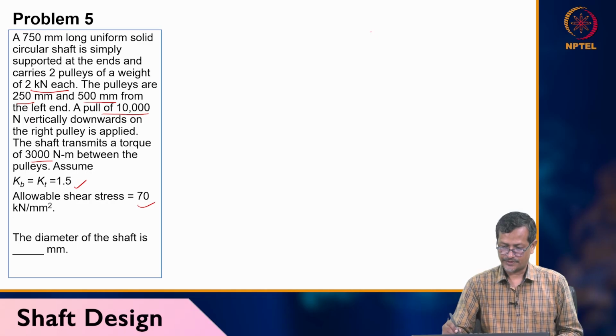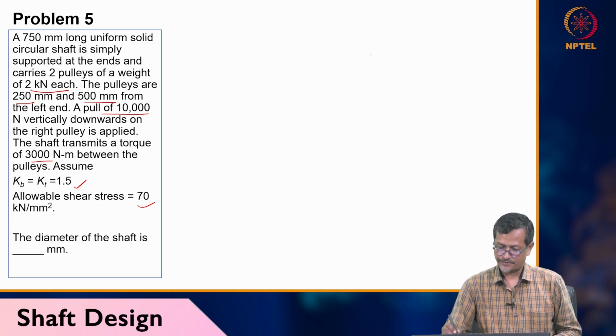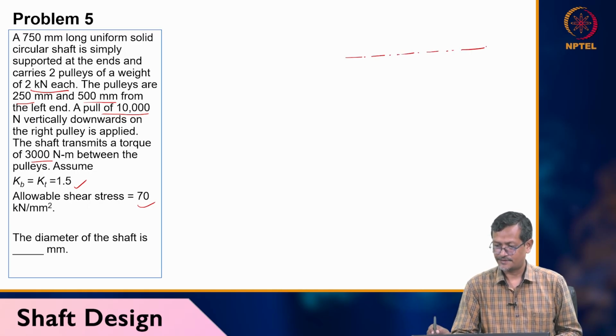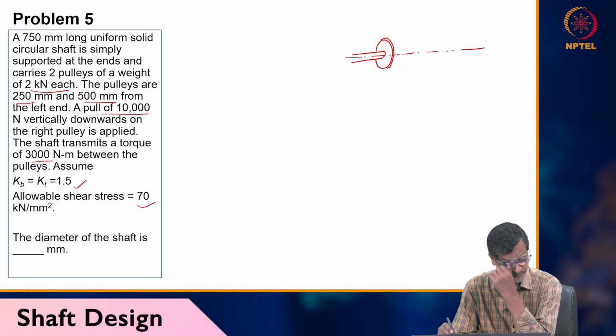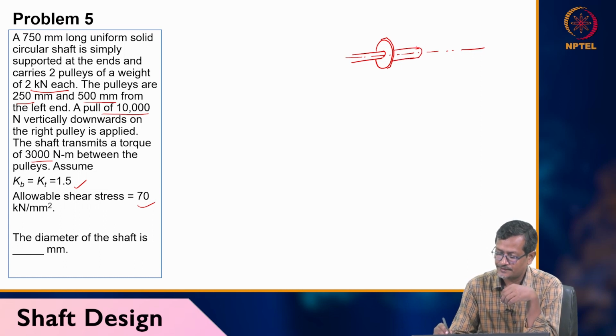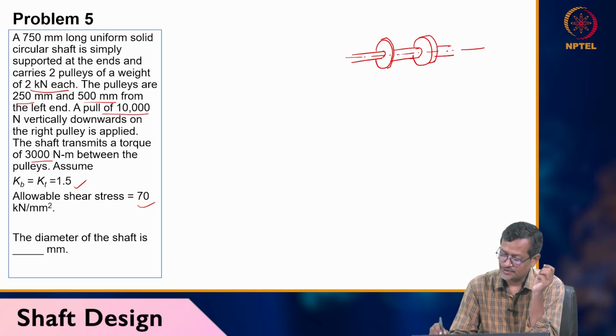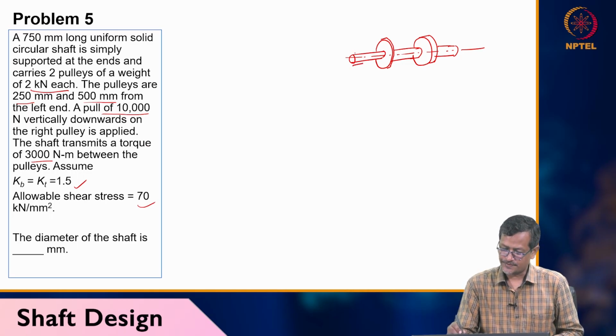So first you draw the pulleys and shaft. Okay, first the center line, then the shaft is coming here, the pulley is here, then the shaft is going to the next pulley, then the shaft. Then the shaft is passing through two bearings.